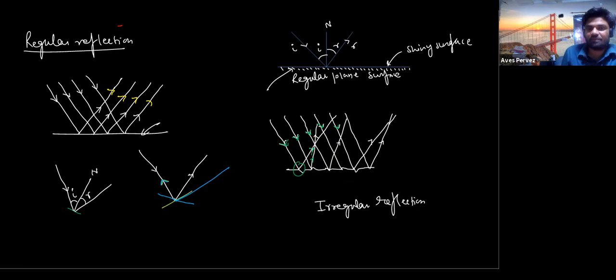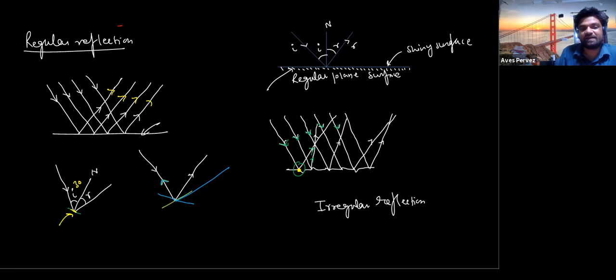Yeah, because it is following the law of reflection. For example, if the surface is like this at the point where the incident ray strikes, the normal will be like this. So for example, this incident angle is 30 degrees for this point, and the reflected angle will be 30 degrees.